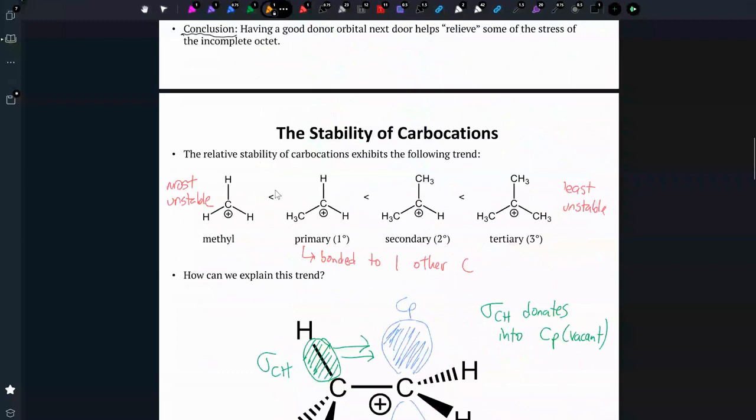What we're going to find is that essentially methyl carbocations basically never happen. Primary carbocations will happen very rarely. Secondary will happen from time to time.